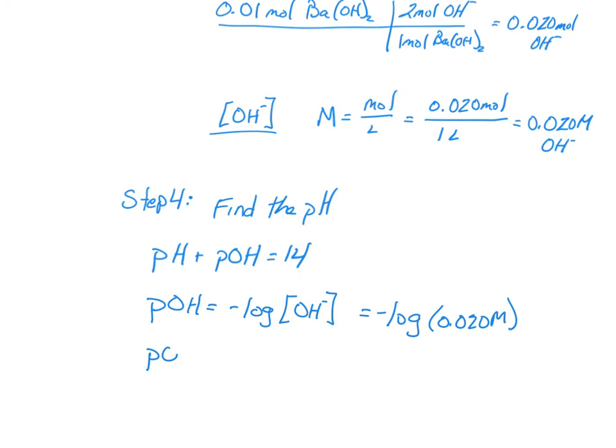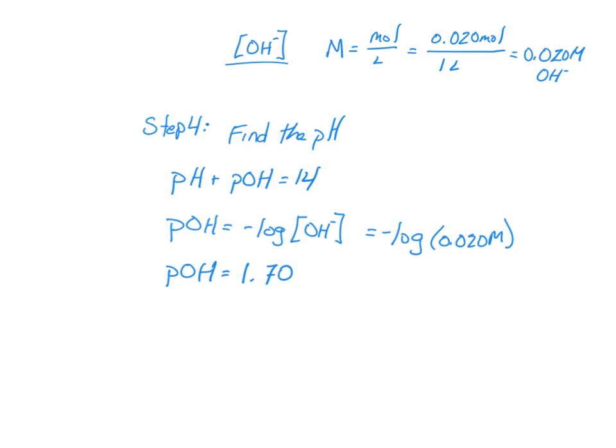And so the pOH is equal to 1.70. And we know that the pH plus 1.70 is equal to 14. And so the pH is equal to 12.3.